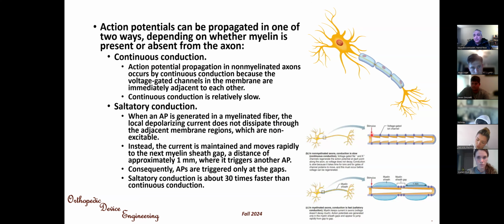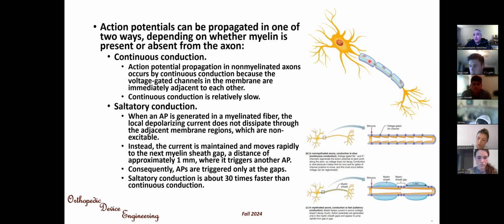One part of the membrane is stimulated near the cell body, and it stimulates the adjacent part and the next adjacent part. And since it is at microscopic level, it takes a long time to stimulate one by one until reaching the end of the axon. So this continuous conduction or propagation is very slow, and we don't like it.